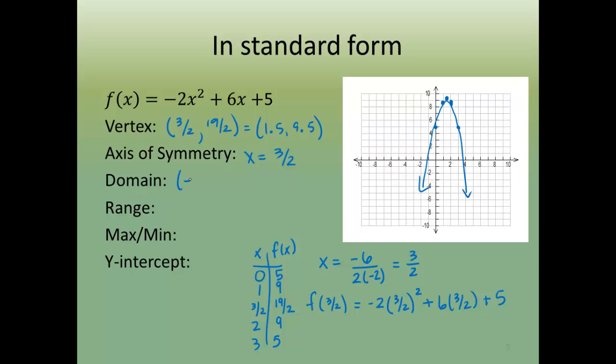So our domain is from negative infinity to positive infinity. Our range this time involves our maximum value, which is y equals 9.5 or 19 halves. My range therefore goes from negative infinity to 9.5. And my y-intercept, as you can see from the equation or in my table of values, is (0, 5).